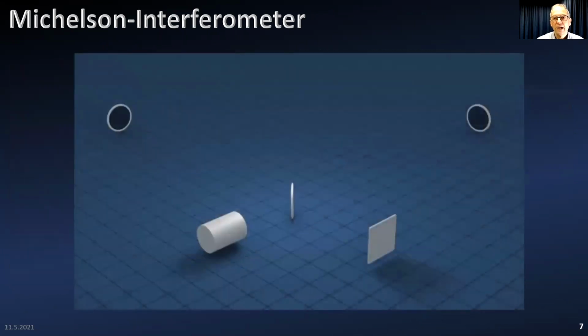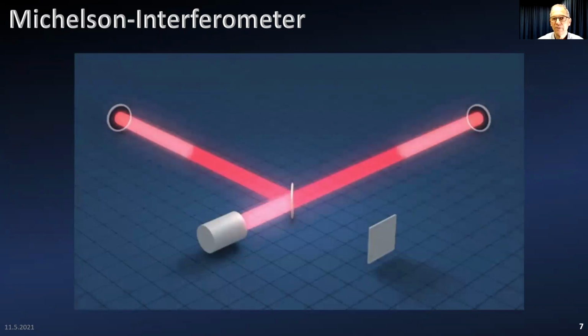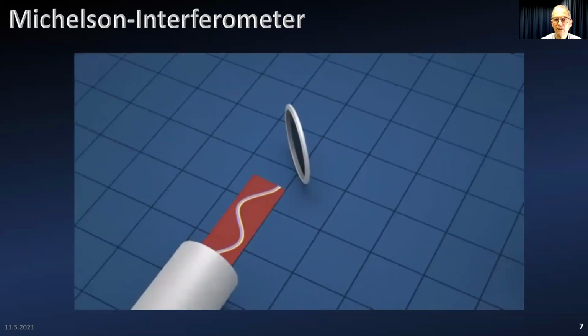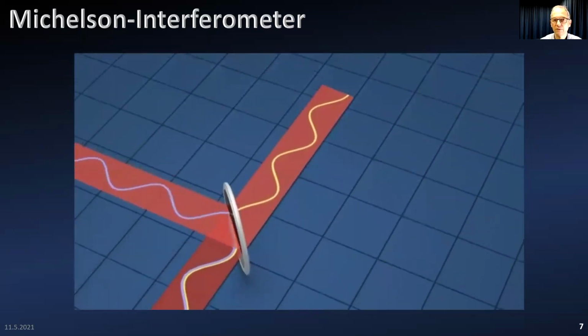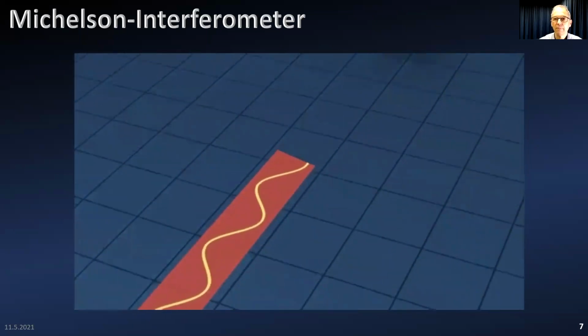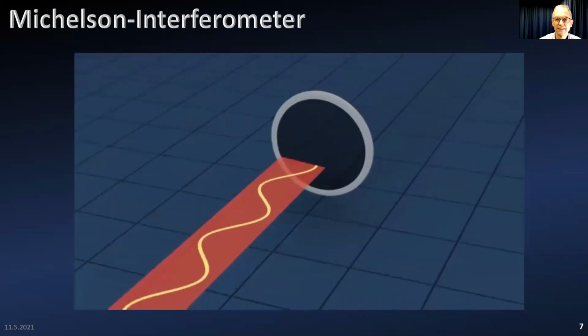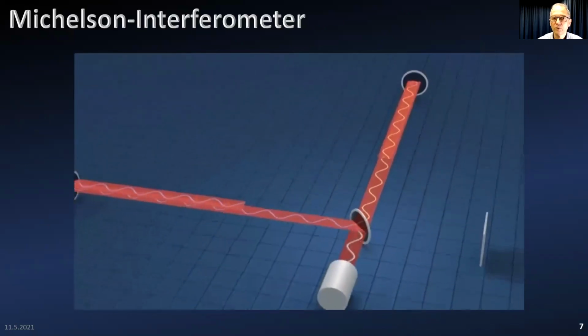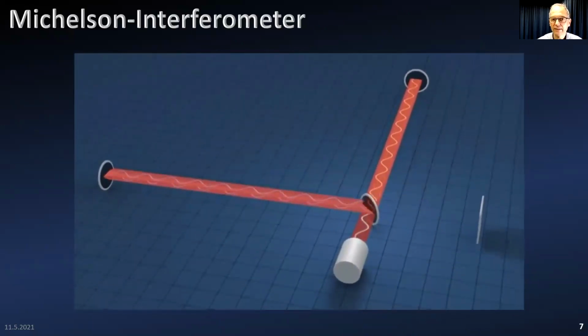In order to do that, let me first explain how the Michelson interferometer works. It's a laser which hits a beam splitter in the center and divides its beam into two paths. Those two paths travel out to the end mirror and are reflected back. Remember, light is an electromagnetic wave. It has hills and valleys. And when the two beams come back, they reunite at the beam splitter and they overlay.